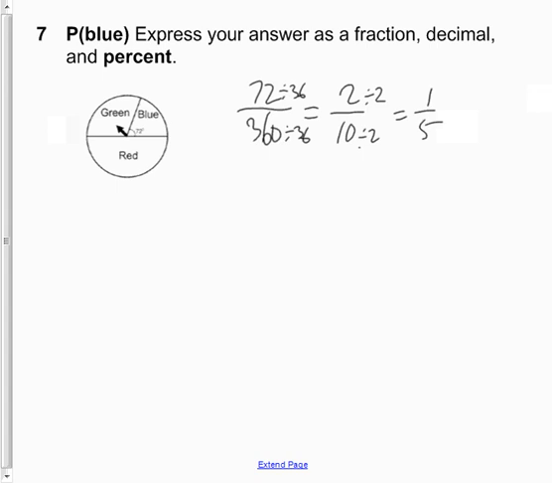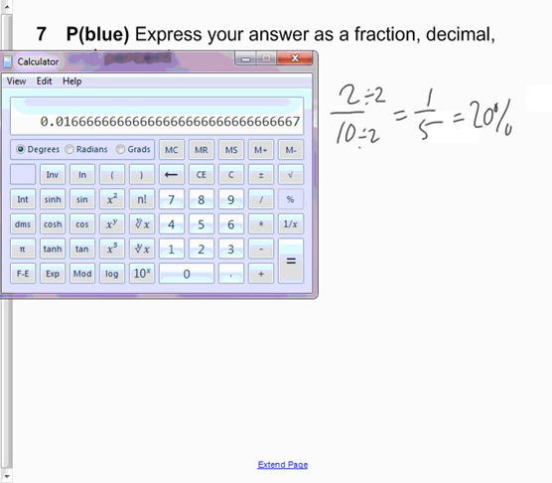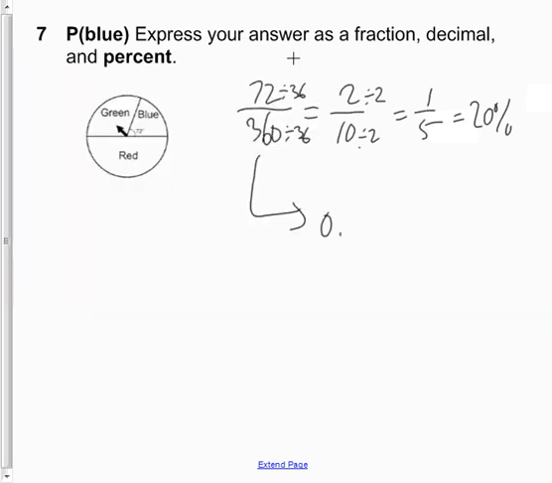So I can think of that as being 1 chance out of 5, or 20%. An easier way would be just to convert it to a decimal. If I took 72 divided by 360 as a decimal, 72 out of 360 is decimal 0.2, which is still a 20% probability because 2/10 is really 2/10, right? So the probability of it happening is 1 chance out of 5 or 20%.